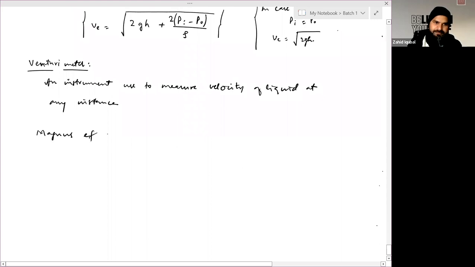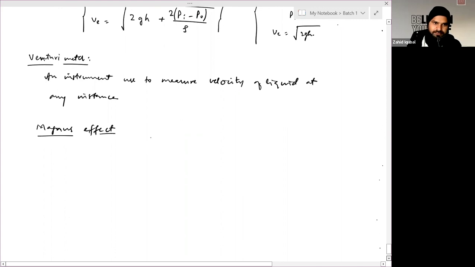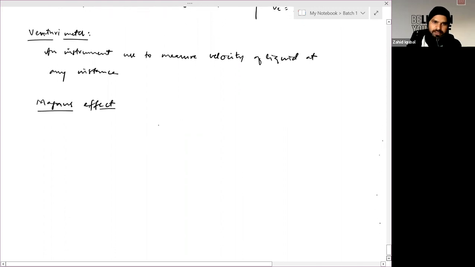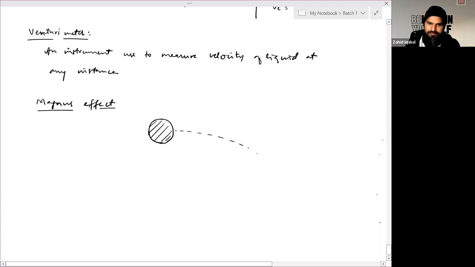Next is Magnus Effect. Suppose you have any spherical ball. If you throw this particular ball without spinning, it may follow this trajectory to fall at this point.